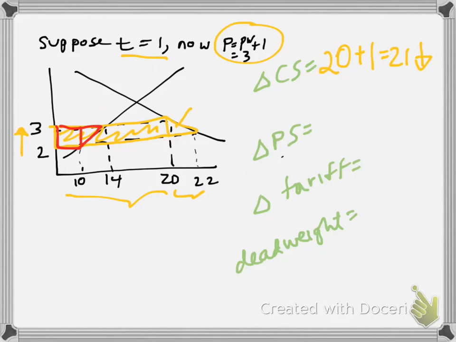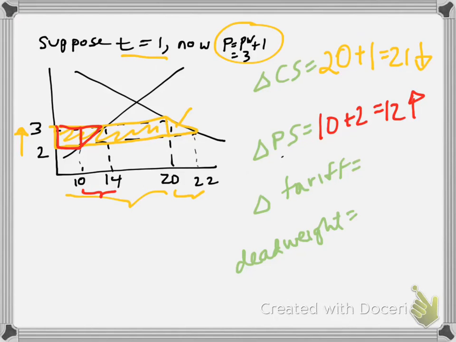The rectangle has length 10 and height 1, so that's just 10, and the triangle has height 4 and base 1, so it's 4 times 1 divided by 2, which is 2. So we have 10 plus 2. That 2 is the area of the triangle. So that's equal to 12, and that's an increase in welfare, right? The producers are better off from the tariff.